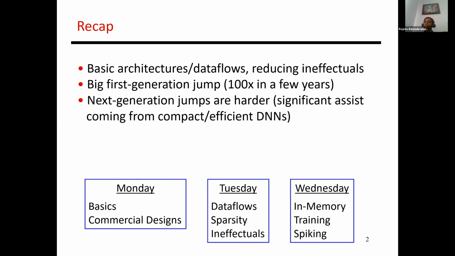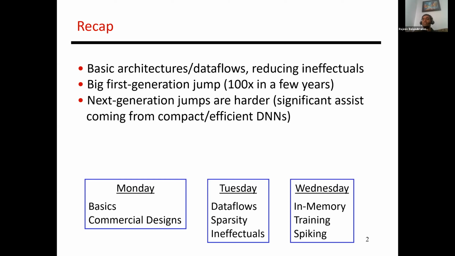So even the DNNs are moving in a direction where they might be more compact naturally, and that further helps these accelerators. In today's discussion, keeping with the theme of the potential next steps these accelerators might take, I'll start with the discussion of in-memory processing, which is a little further out there.